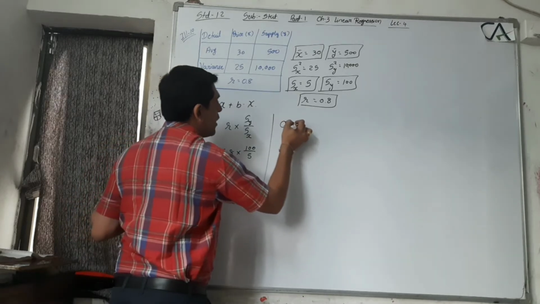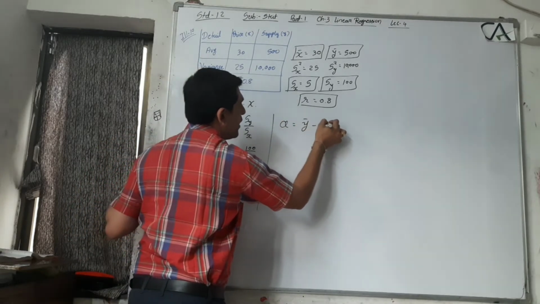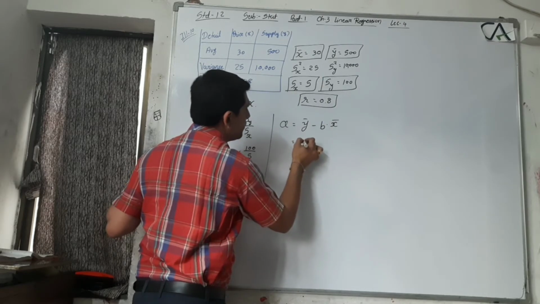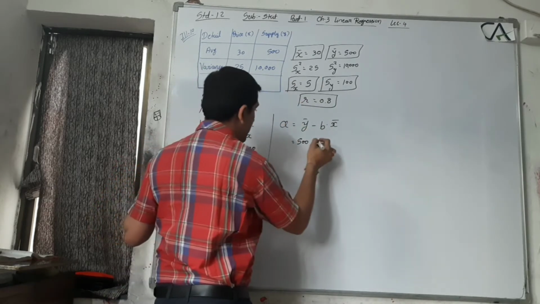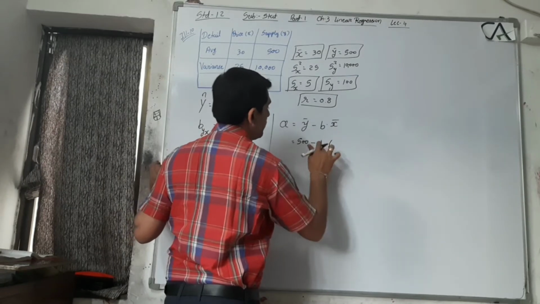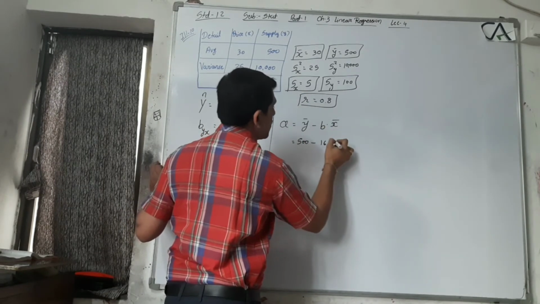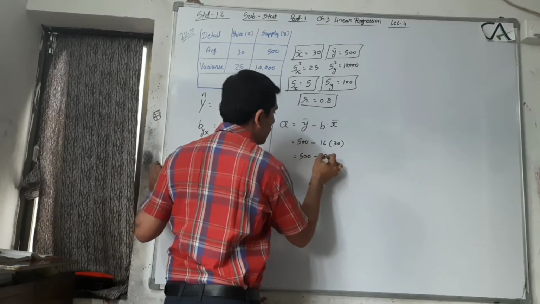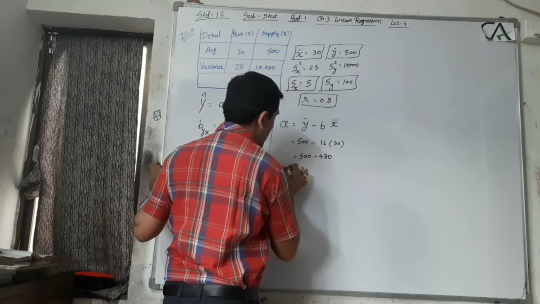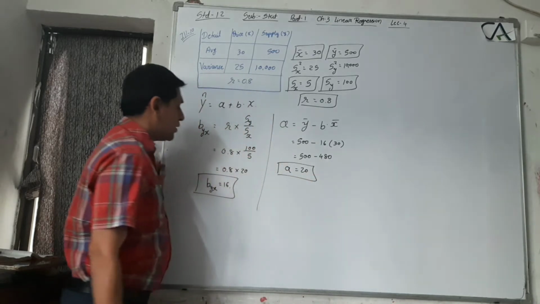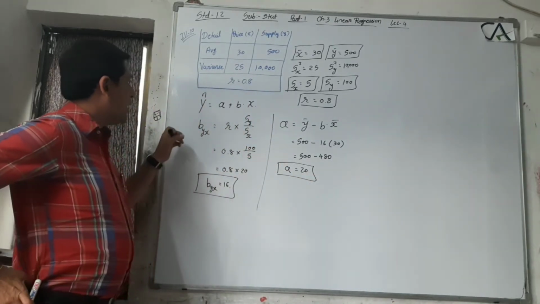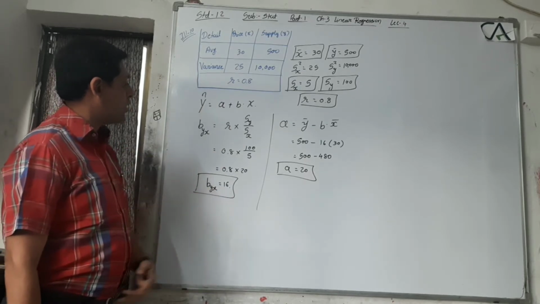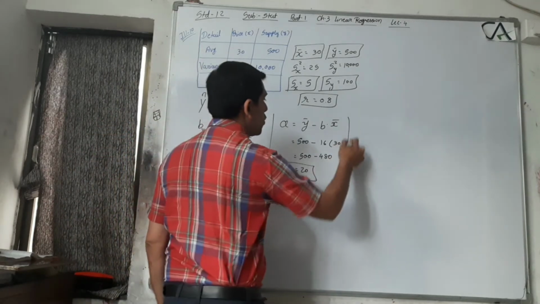Now A is equal to Y bar minus B X bar. Y bar is equal to 500. B is equal to 16. And X bar is equal to 30. So 500 minus 480, that is 20. Your answers are here: Y cap is equal to A plus BX, so B is equal to 16 and A is equal to 20.